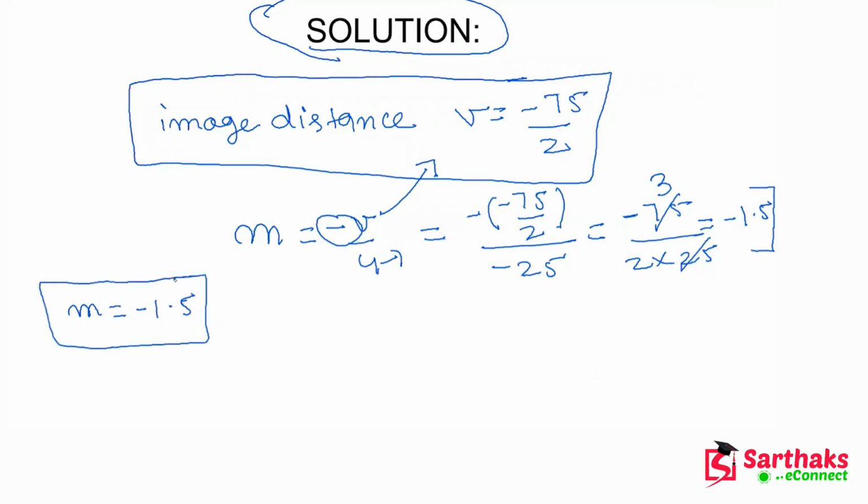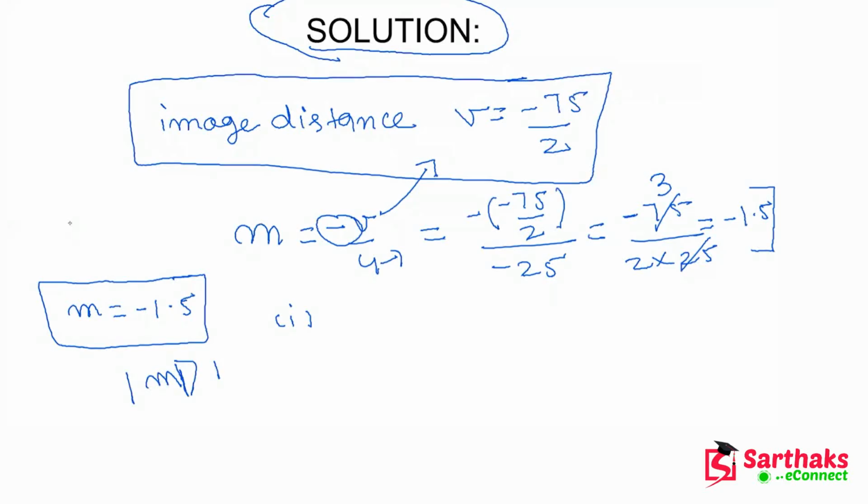Just by looking at this value, you can easily calculate the information which we need. First thing is that the magnitude of m is greater than 1, because you have to leave the minus sign for now if you want to calculate the size of the image, because the size of the image will be taken in mode. I think you already know the meaning of the mode.